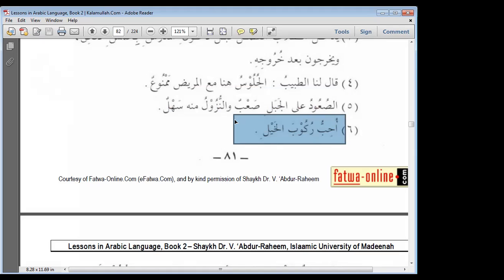Next one, uhibbu rukuba al-khayl. So where's the masdar there? Rukub. So we said rakiba, yarkabu, rukubun. So rukub means to ride.